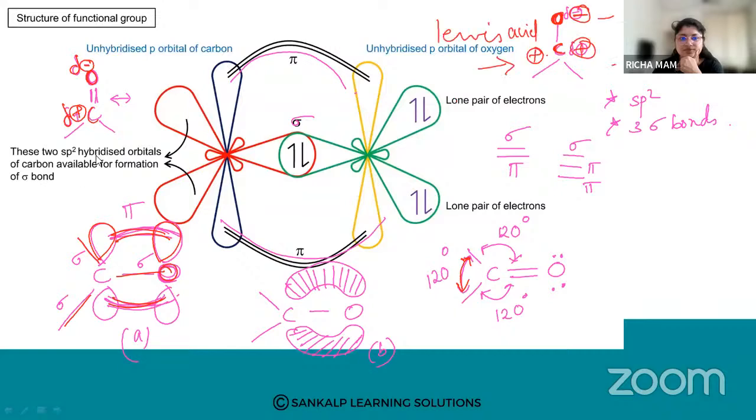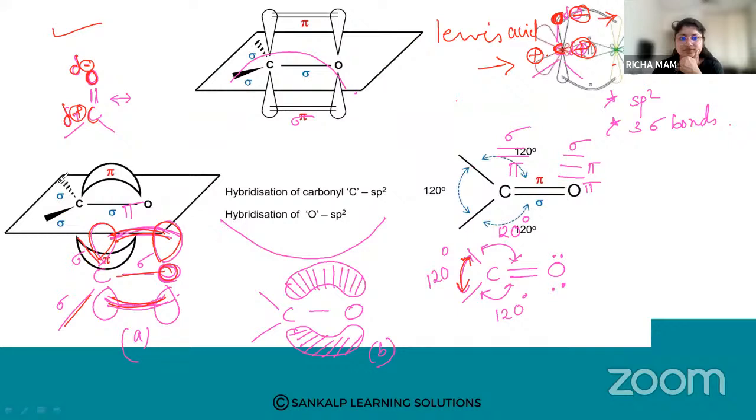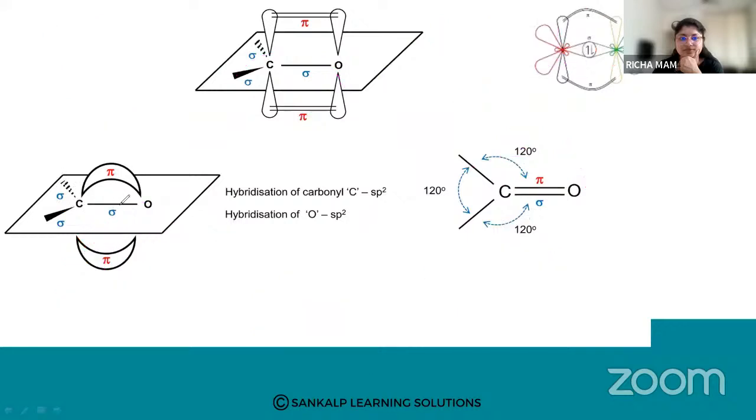Here, whatever I have shown you, you can see the three sigma bonds which are in the plane. Then one of the unhybridized orbitals of carbon and oxygen will overlap and form a pi bond, one above and one below the molecule.